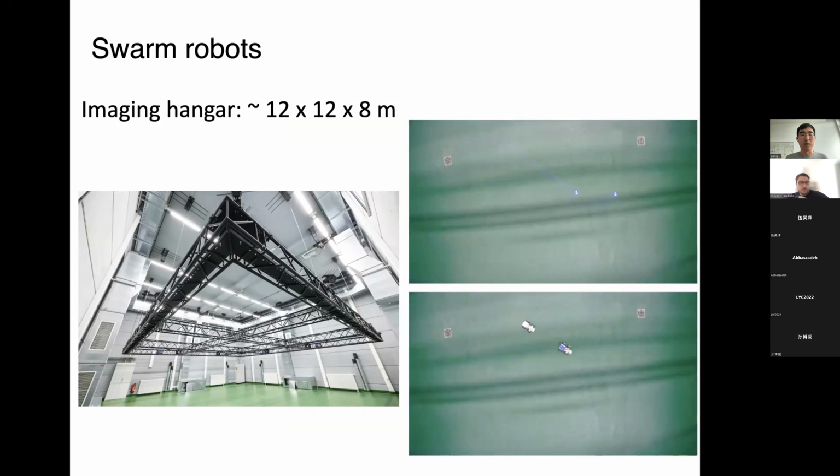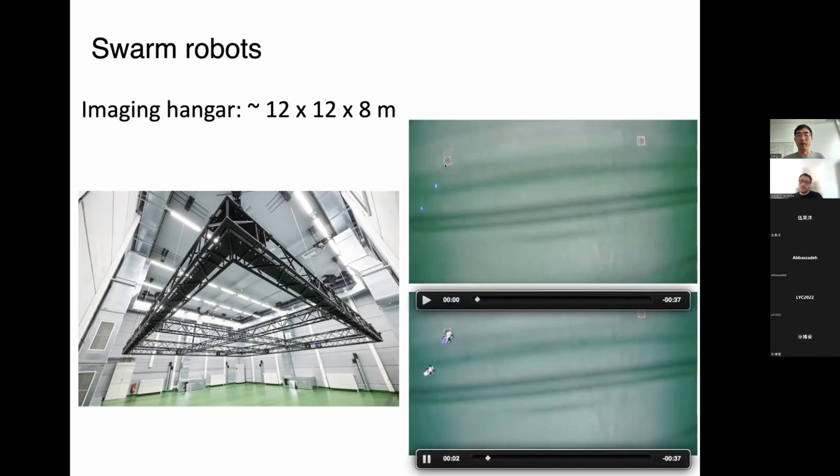And we have a very precise motion capture system, and we are trying to deploy a large number of robots to perform swarm behavior and to study it purely based on robots. Here we show two drones flying together performing leader-follower behavior, and two terrestrial robots performing leader-follower behavior.